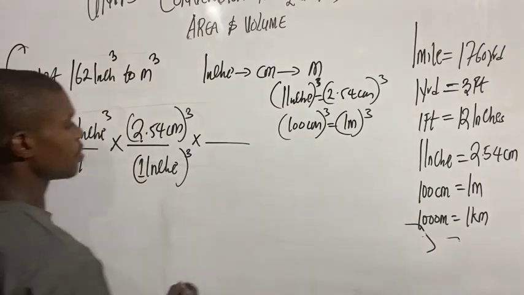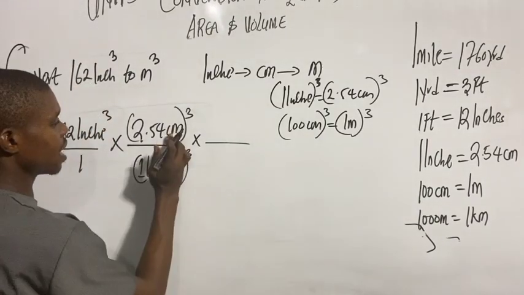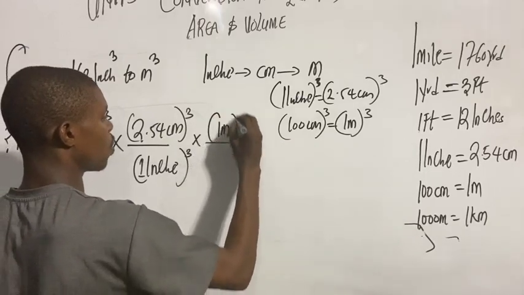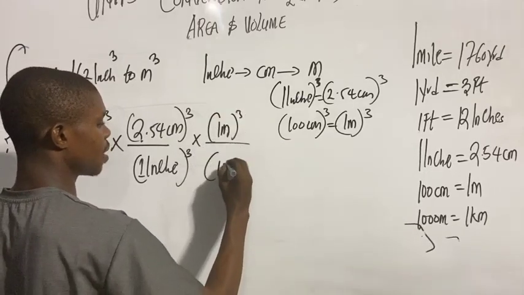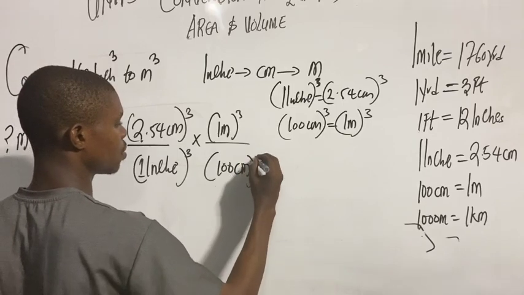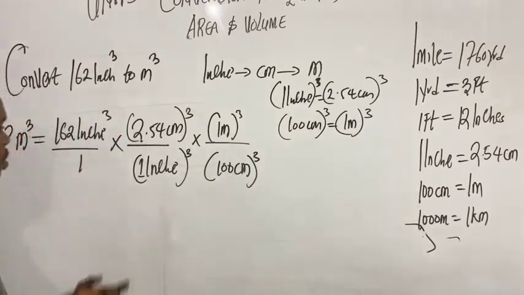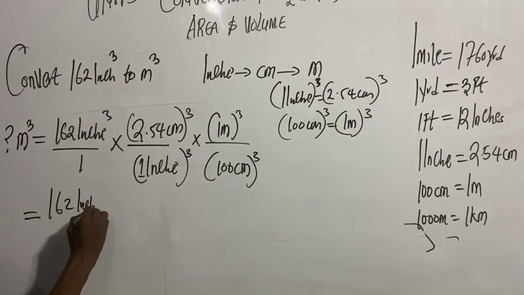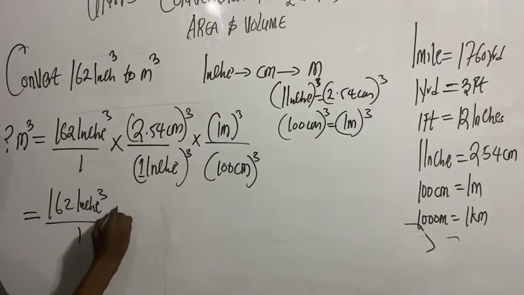Now because centimeter is already at the top, don't put it at the bottom. So here we have 1 meter cube over 100 centimeter cube.